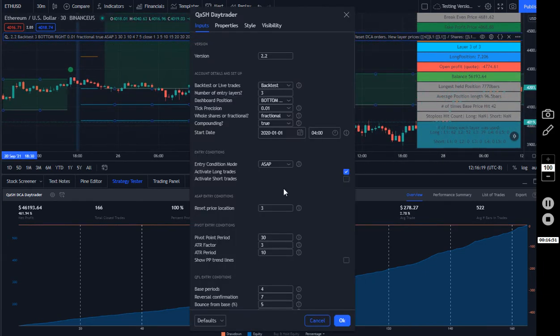Okay, and then one setting that you can change with this entry mode is your reset price location, which is this line here. So what that does is if price goes up without filling any of your orders, right? So if instead of price going down to fill layer 1, if price just continued to go up without filling layer 1, then if it touches this line, it'll reset again and it'll move the layers up. So let's see what we can do with this.